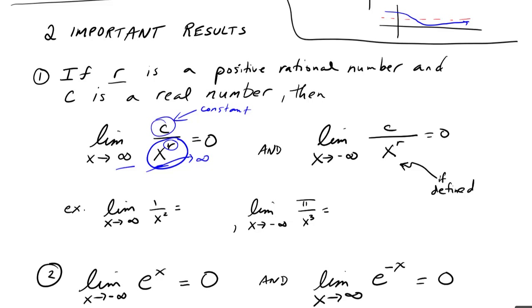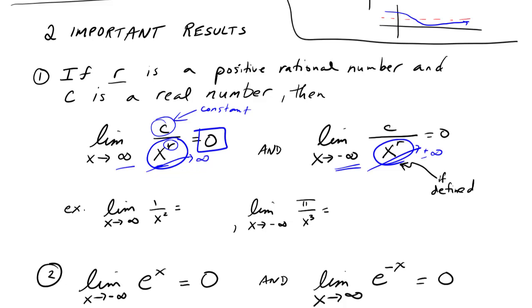And if it's just a constant at top, then that's a fraction that's going to get smaller and smaller and go to 0. And it actually doesn't matter if we go to negative infinity in a similar situation, because this denominator is still going to go to infinity. I mean, it might go to positive infinity or negative infinity, depending on what the power is.